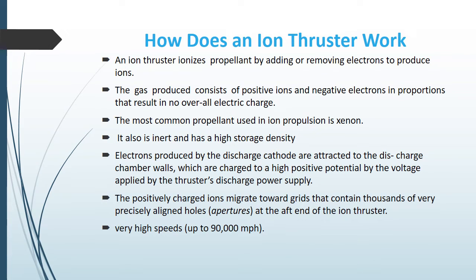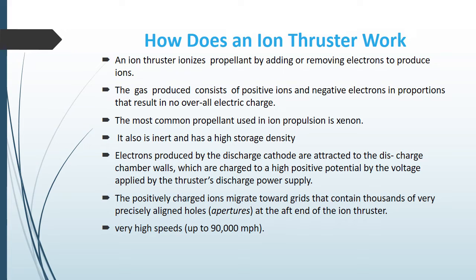Now we will see how an ion thruster works. An ion thruster ionizes propellant by adding or removing electrons to produce ions. Most thrusters ionize propellant by electron bombardment. A high energy electron collides with the propellant atom, releasing an electron from the propellant atom and resulting in a positively charged ion.